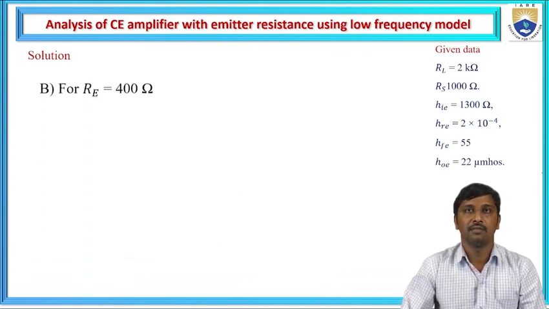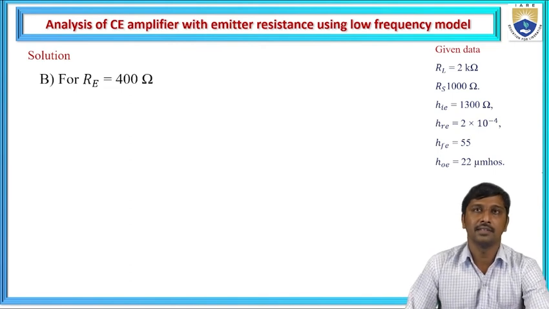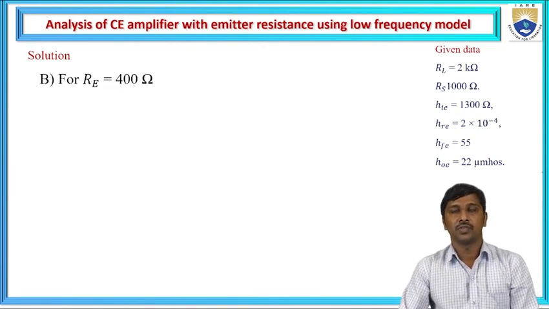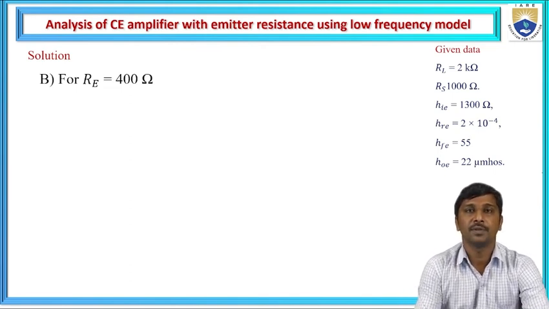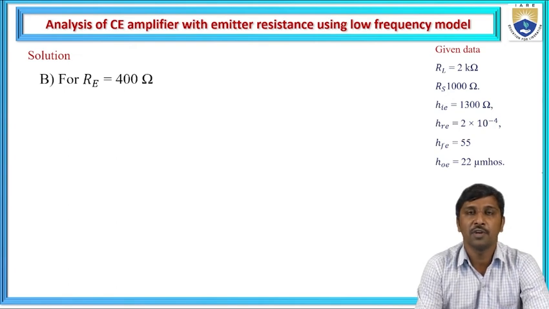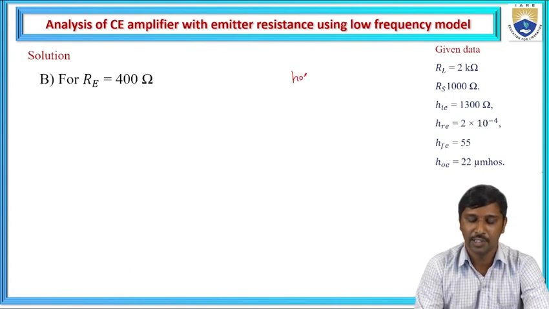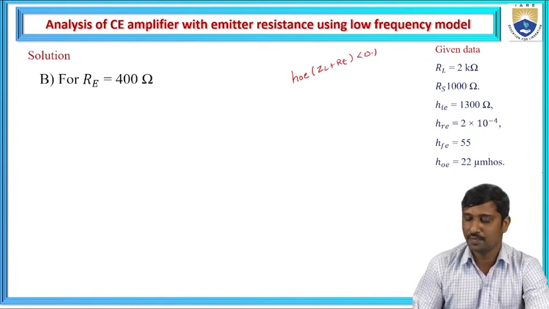Now we'll see what happens when RE is 400 ohms. With respect to this emitter resistance, we first need to find out which model to use: either the exact model or the approximate model. To identify this, first we need to verify this condition: hoe times of (ZL plus RE) should be less than 0.1.